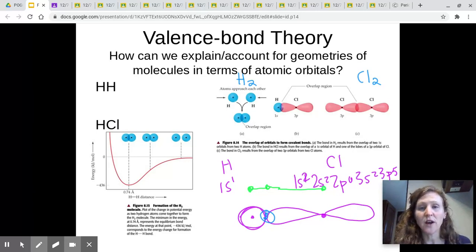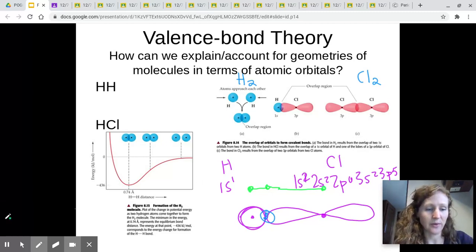Okay, so far we've reviewed atomic orbitals. We've talked about what it would look like if we used the theory of atomic orbitals to describe bonding. And we've found a couple problems that occur when we use the atomic orbitals to describe bonding. So now what we're going to talk about is a new theory of molecular orbitals.